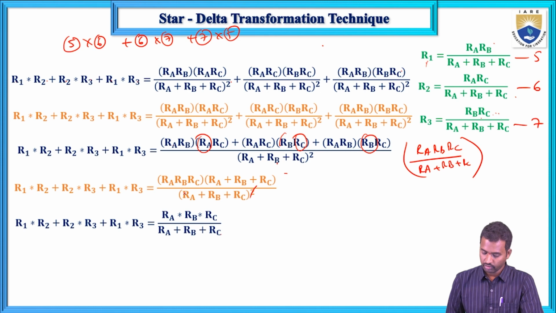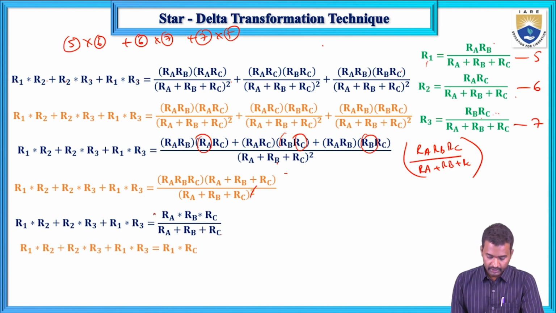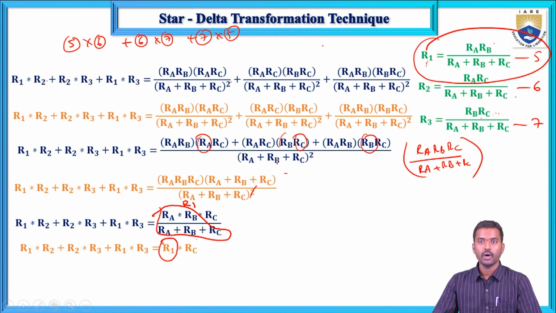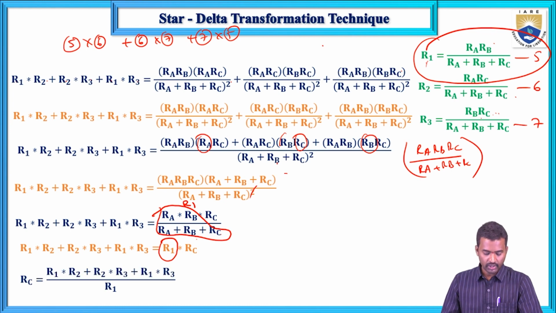This is R1, the fifth equation. Now substitute here R1. Now RC, the delta term, equals R1 R2 plus R2 R3 plus R1 R3 divided by R1.